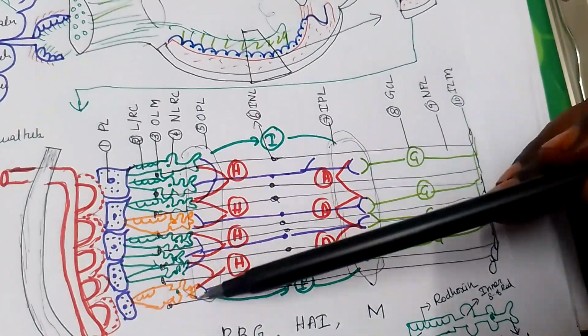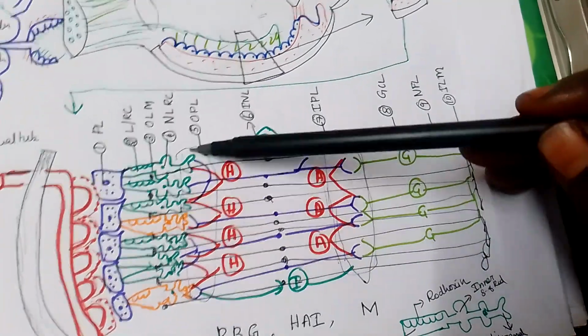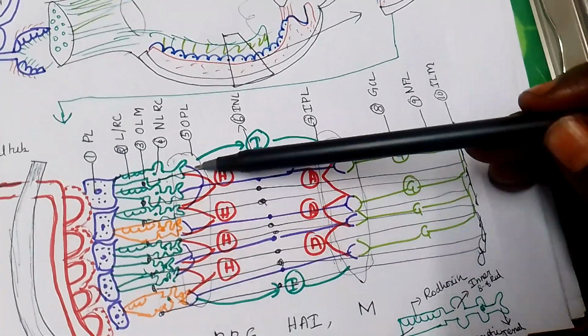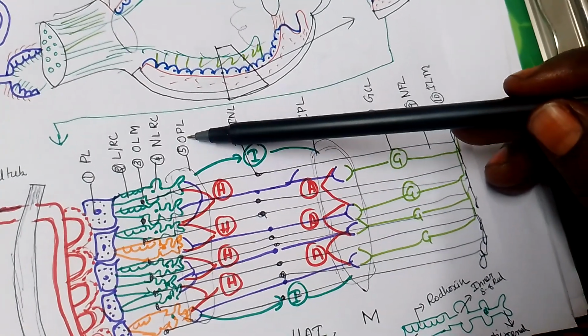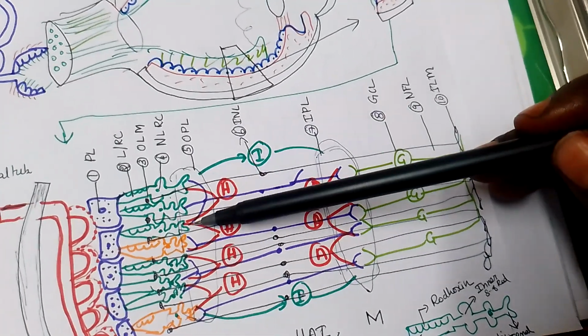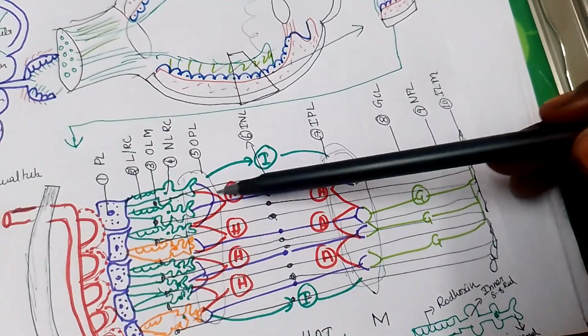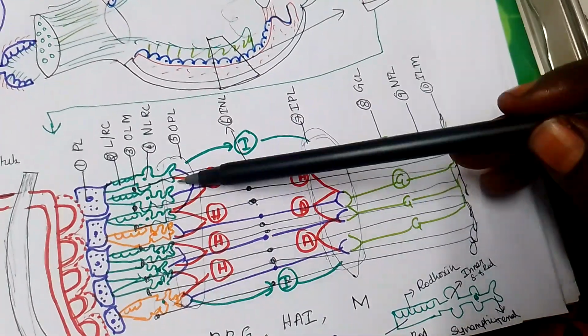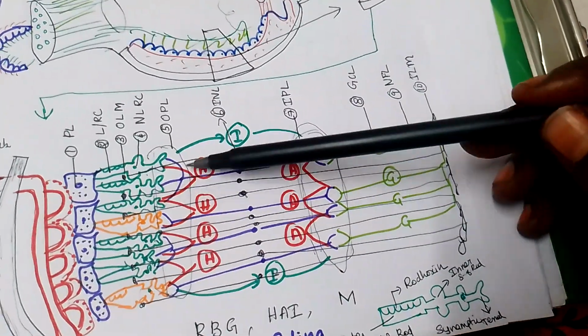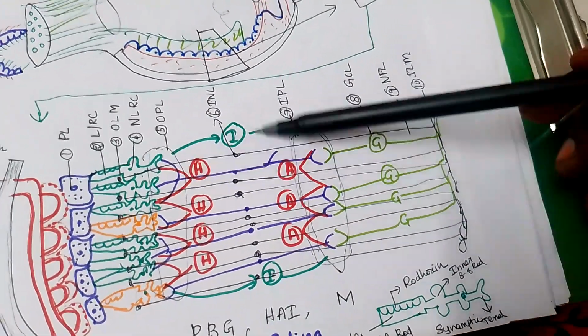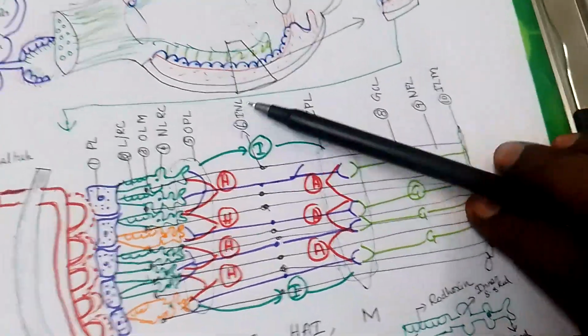Then this network together looks like one layer of the retina, called the outer plexiform layer. Understand? And why is it forming? Because bipolar cells, horizontal cells, and amacrine cells are there. Interplexiform cells are also connected, taking information in reverse, right?